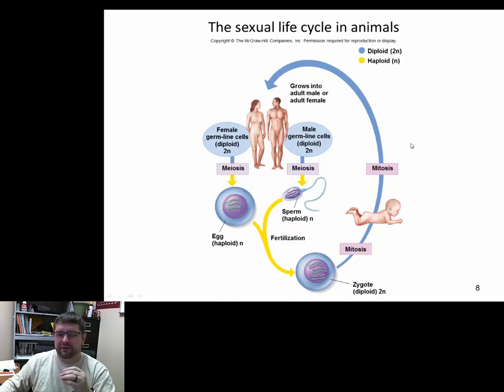And I want you to think about that a little bit. The majority of the organism is going through mitosis, but then there's a triggering point, and meiosis kicks in. And you should be saying to yourself, puberty. And whatever puberty is, whatever maturation is for an organism, that's the point at which those germline cells are triggered to go through meiosis and start producing gametes.